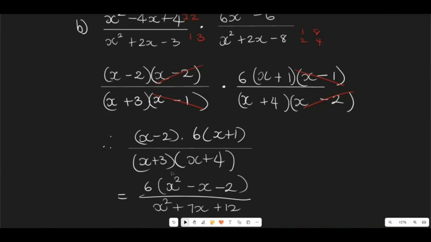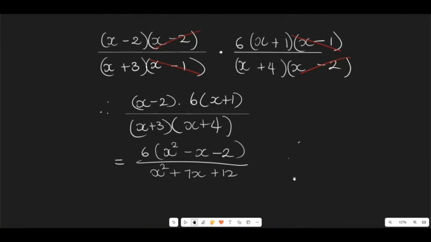And this will basically be our final answer. Add the negative inside as well. And then, yeah, that's basically it.